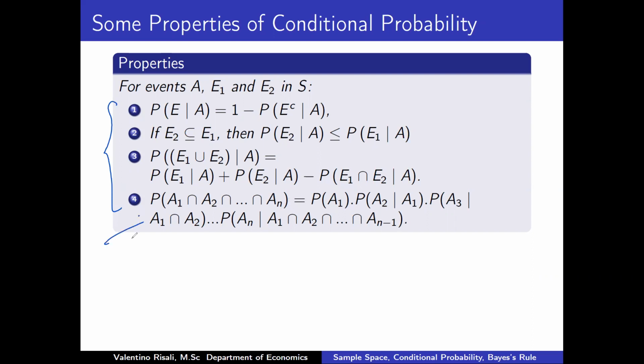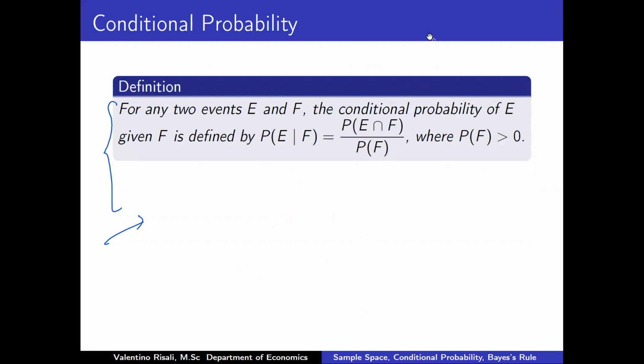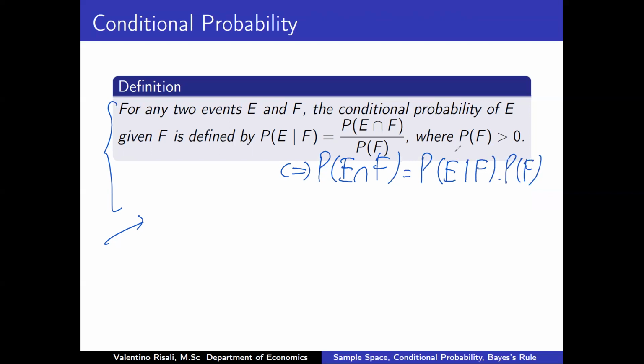It comes from the definition of conditional probability. It is equivalent to this, and we can generalize it to the case of n events.